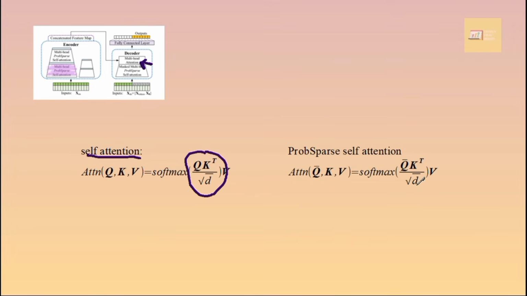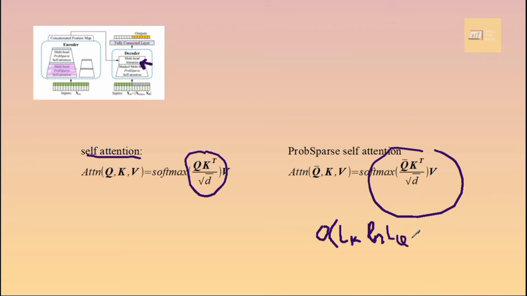If we look at this, the computation cost would only be big O of Lk times the logarithm of Lq. But since in practice Lk and Lq are the same anyway, we can reduce it to L log L.